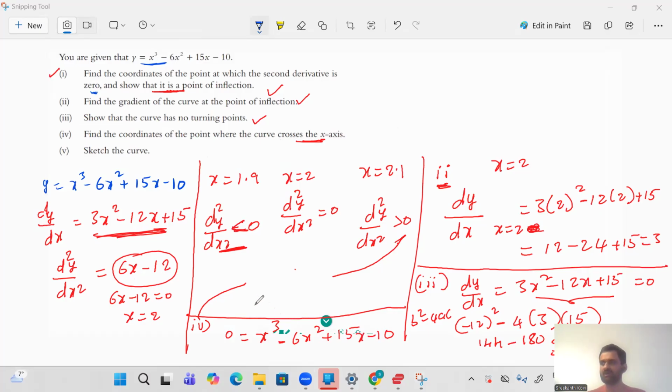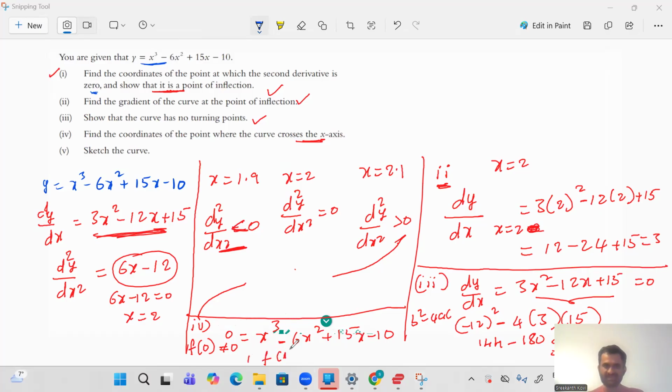You use the long division method. Before you do the long division, first of all you need to replace x as 0 and see if x equal to 0 is a solution, and then you replace x equal to 1 and you do the trial and error method. When you replace x as 0, this is not equal to 0, it is not a solution.